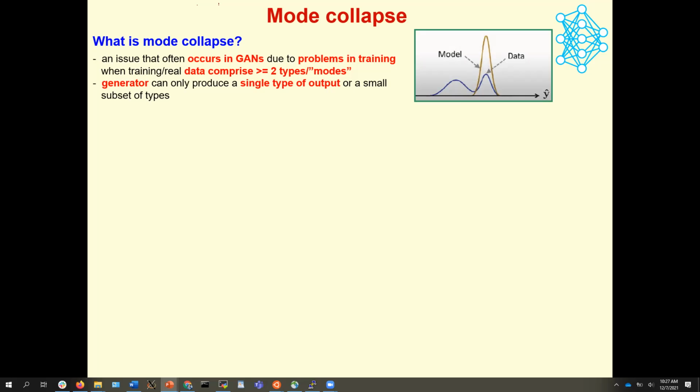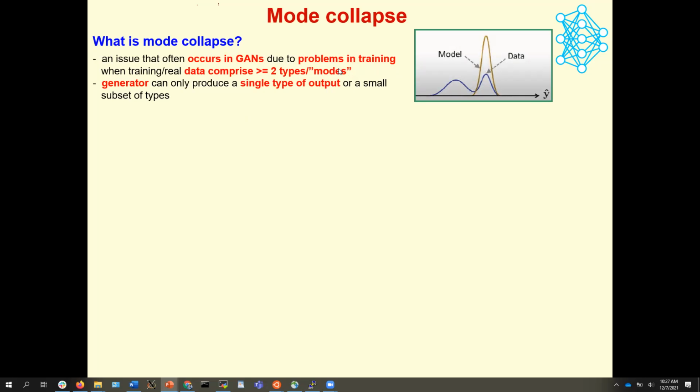The question is what we do if we have multiple different types of data. Mode collapse is an issue that may occur in GANs when there are two or more different types of data in the training data set.